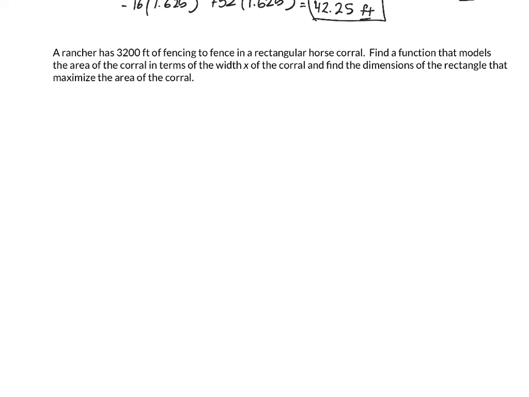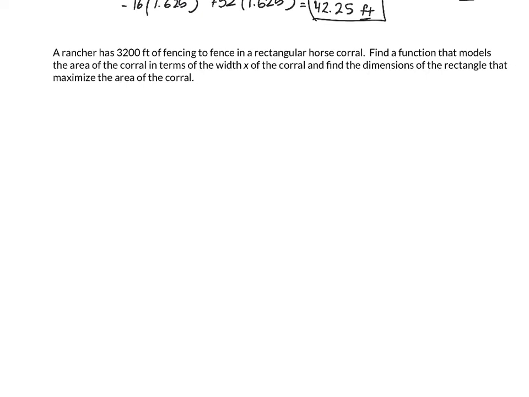We're trying to find the optimum dimensions to maximize, in this case, area. So we have a rancher that has 3,200 feet of fencing. They're going to fence in a rectangular horse corral. We need to find a function that models the area of the corral in terms of the width x. And then we need to find the dimensions of the rectangle that maximize the area of the corral.